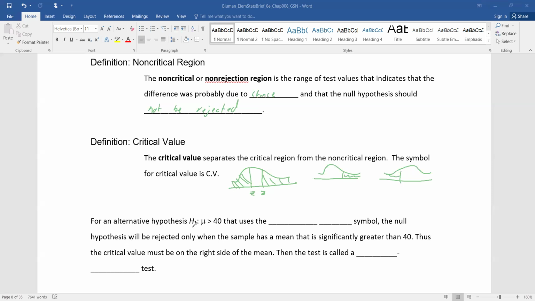All right, for an alternative hypothesis stating that the mean is greater than 40, which uses the greater than symbol, the null hypothesis will be rejected only when the sample has a mean that is significantly greater than 40. Thus, the critical value must be on the right side of the mean. Then the test is called a right-tailed test.